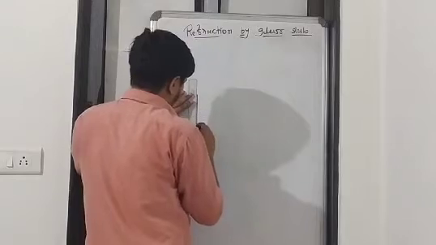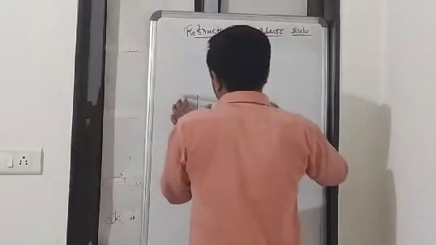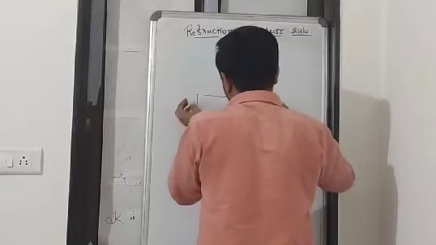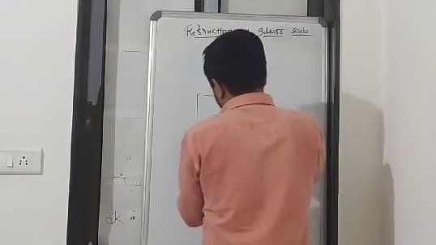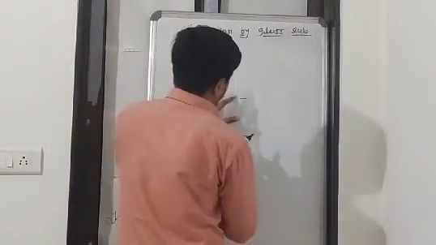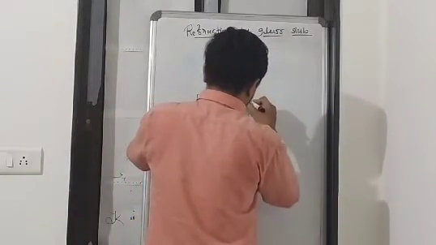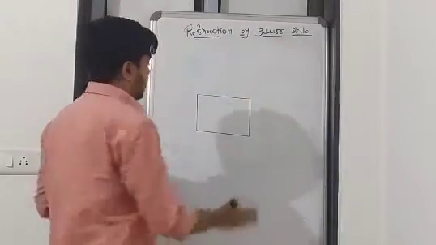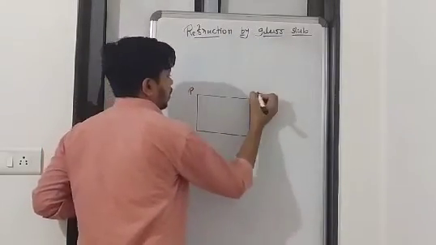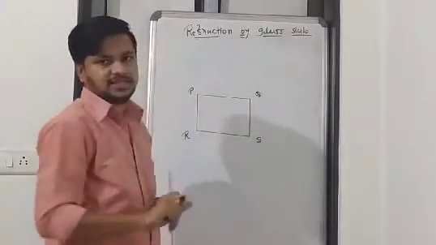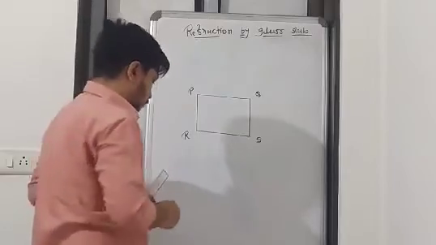So you can draw an edge like that. Give the names P, Q, R and S.